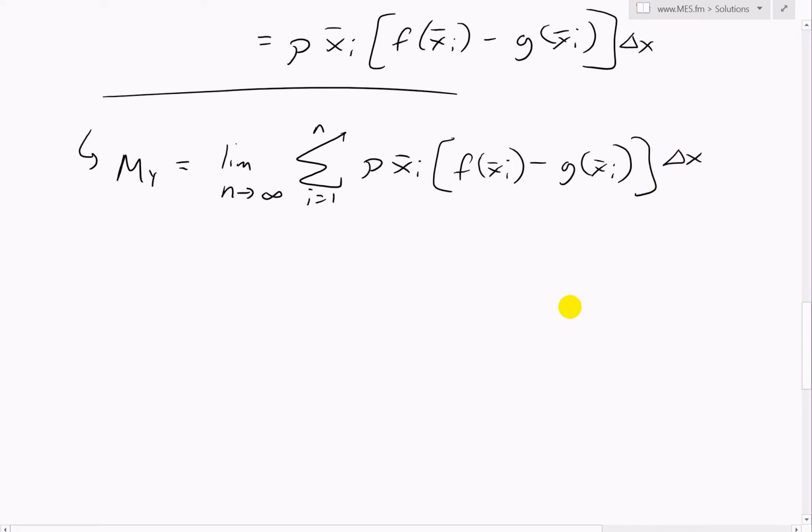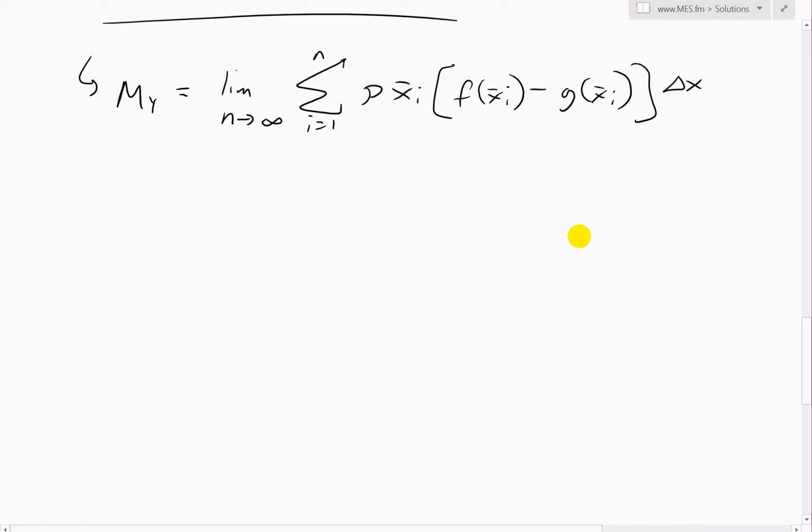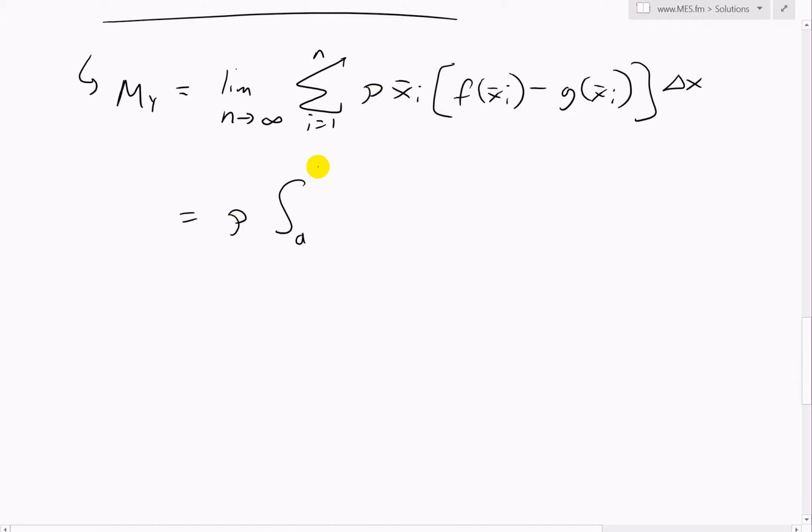And this is, by definition, a Riemann sum, which we could write as an integral. So this just equals rho, and take this as a constant, let's take it out, integral over the whole region, from a to b of x times f of x minus g of x, dx.